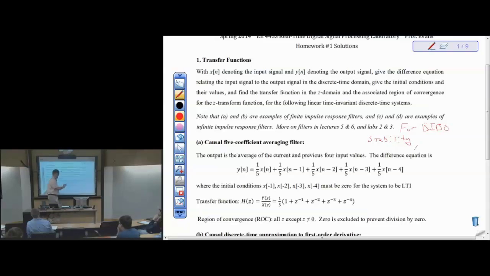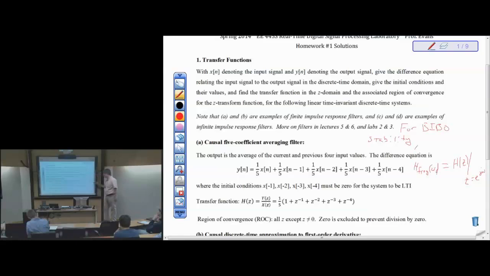I haven't asked you about the frequency response on this homework, but it is coming in homework 2. So that I can find the frequency response as a function of discrete time frequency by taking the transfer function and substituting the unit circle, which is e to the j omega.